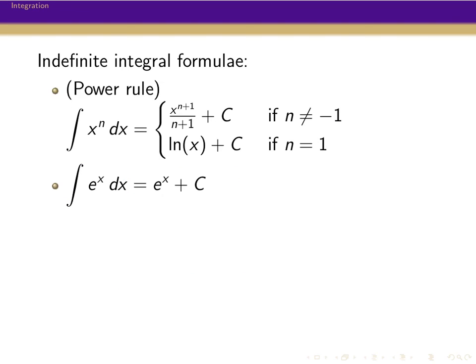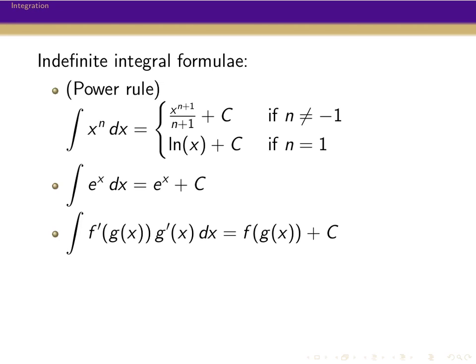Okay. Another one, we looked at exponential functions. So the integral of e to the x dx is just e to the x plus c, and that's because the derivative of e to the x is e to the x. So this is just the chain rule written out. The chain rule is a pretty straightforward algorithm when we're taking the derivative.